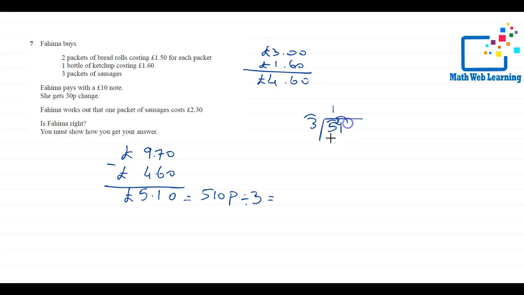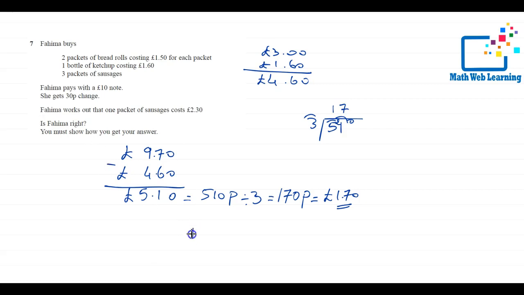Then you do 3 into 21 to give you 7, and remainder 0. So the answer is 17. But remember, you need to put the 0 at the end. So the cost of 1 packet of sausage is 170 pence, which is equivalent to £1.70. So the cost is £1.70, not £2.30.